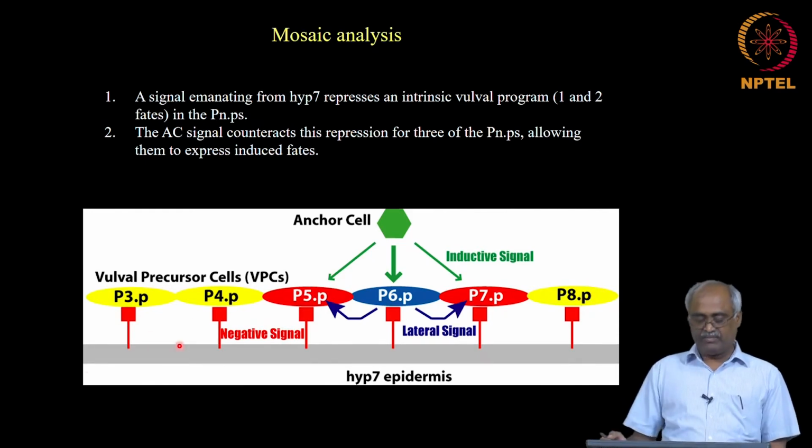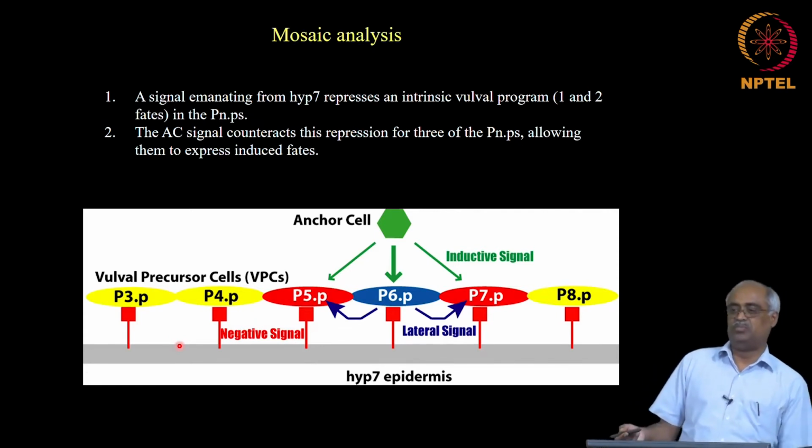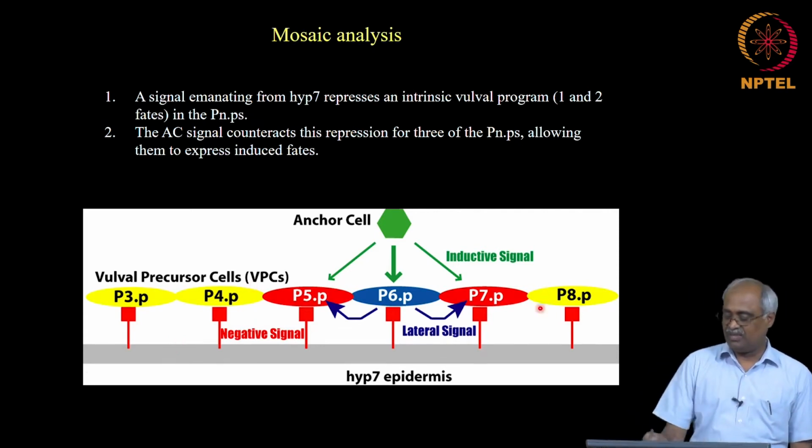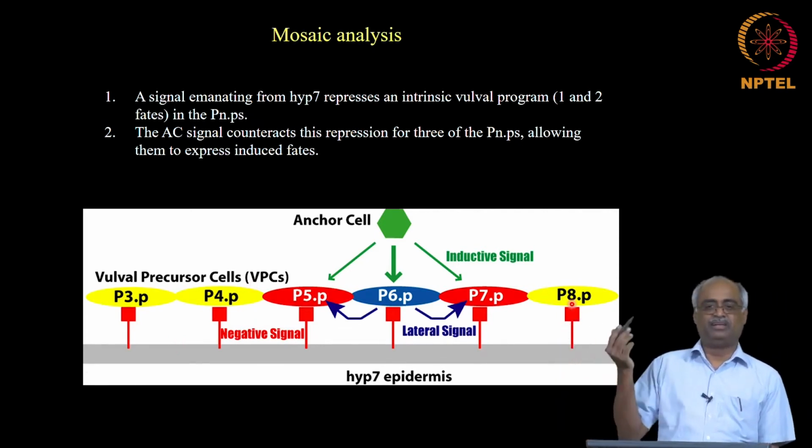And when the negative signaling is lost, here that being Lin15, now all of them are thinking I am going to become primary, secondary and so on.